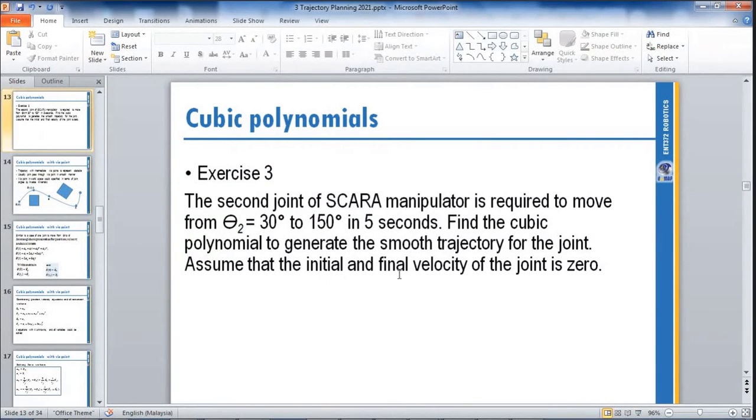Assume that the initial and final position and velocity are given. So actually the task is similar, but the terms they use for initial and final are slightly different.